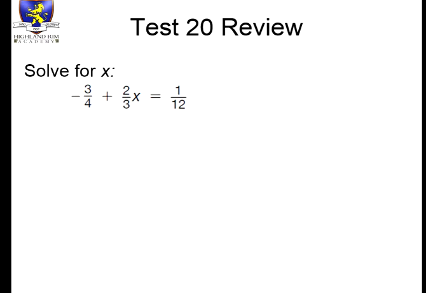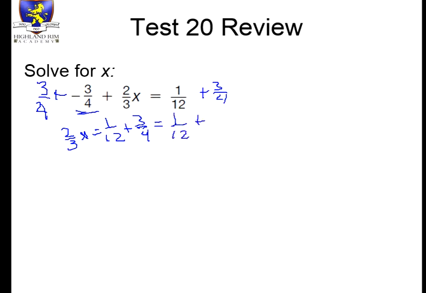The very first thing that we can do is we got to get rid of this negative 3/4. We get rid of that by adding 3/4 to both sides. And we end up with 2/3 x is equal to 1/12 plus 3/4 equals 1/12 plus 9/12, right?